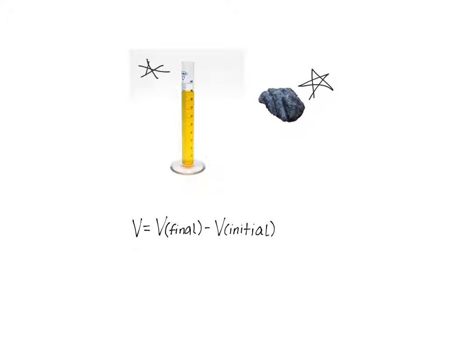And what I would do is fill up the graduated cylinder, and I would look at the meniscus. Maybe you've heard of the term meniscus before, but the meniscus on a graduated cylinder is where the liquid dips, and I've highlighted where that would be. You kind of have to get down to eye level to see where it dips, and you always read the bottom of the meniscus to get the most accurate reading.